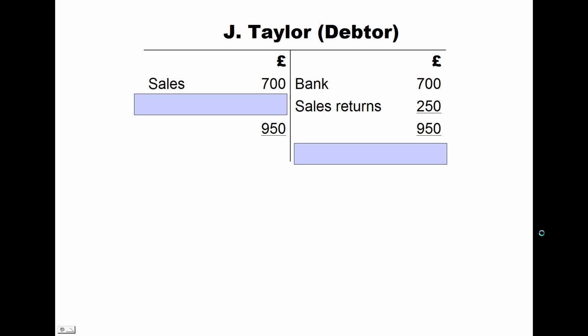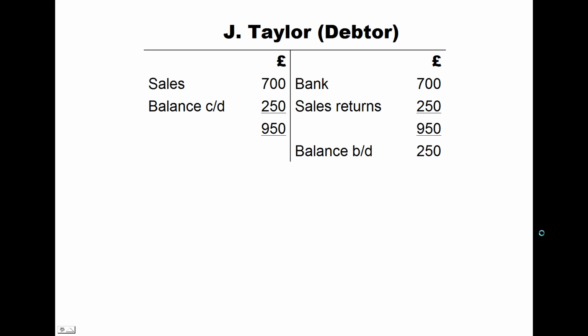Now, what do you notice? You notice there is a balance BD on the credit side of a debtor account. But in nearly all debtor accounts, except in this rare situation, balance BDs at the start of a period are typically on the debit side, because that means debtors owe the business money.